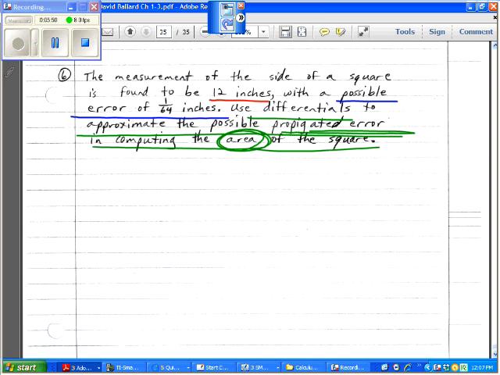First of all, we need to think about side area relationship, right? What is side area relationship in a square? Area equals side squared. So what I'm wanting is differential area in relationship to differential side, correct? Now, what is an equation that would give me differential area in relationship to differential side?